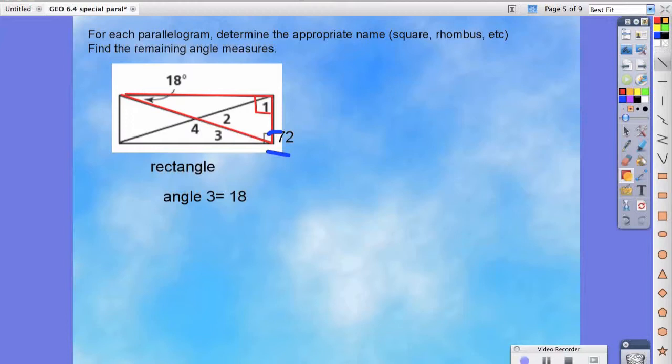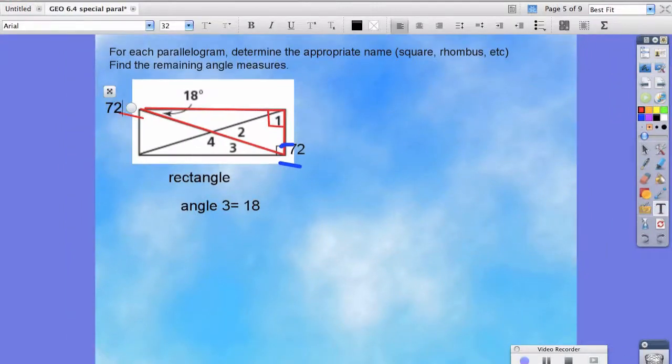But we want just angle 1. So now, because this angle is 72 degrees, we know that this corner is 90, we still have to figure out the rest. We know that this corner right here is also 72 degrees because of alternate interior angles.